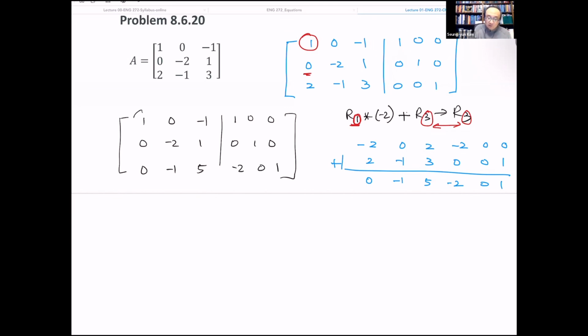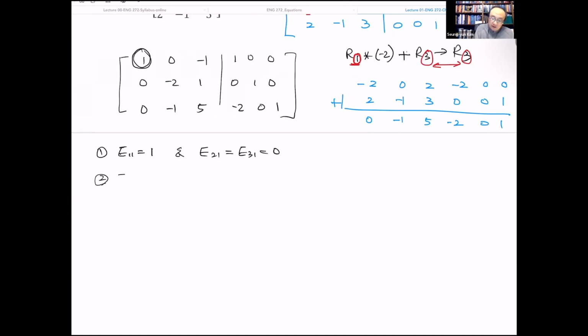So now we have first row, first column element 1, and E 2,1 and E 3,1 all equal to 0. Now we need to make E 2,2 equal to 1. So we keep the first row 1, 0, 0.